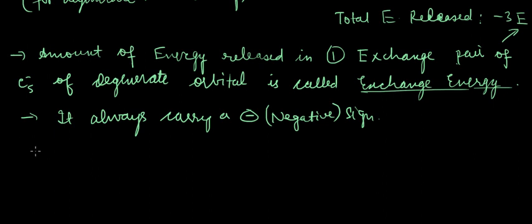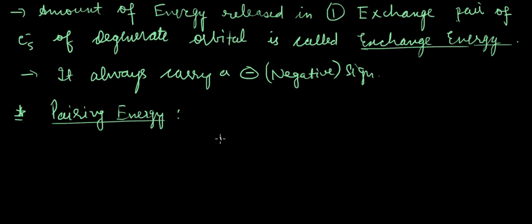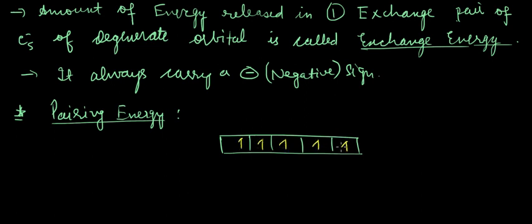Next, let's look at pairing energy. Let's draw a d orbital, and in the d orbital we have 1, 2, 3, 4, 5 unpaired electrons with the same spin, all in degenerate orbitals.